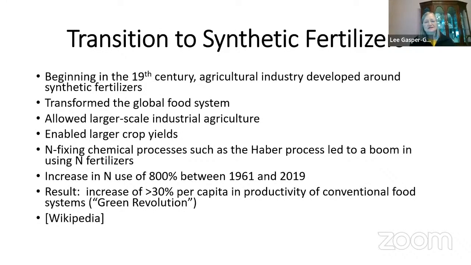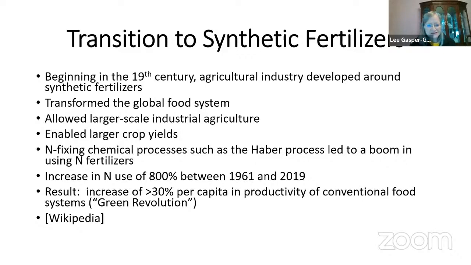So then there was a transition to synthetic fertilizers beginning in the 19th century, when the agricultural industry began to be really developed around synthetic fertilizers. This was huge, because it really transformed the whole global food system, because it allowed larger scale industrial agriculture and it enabled larger crop yields.